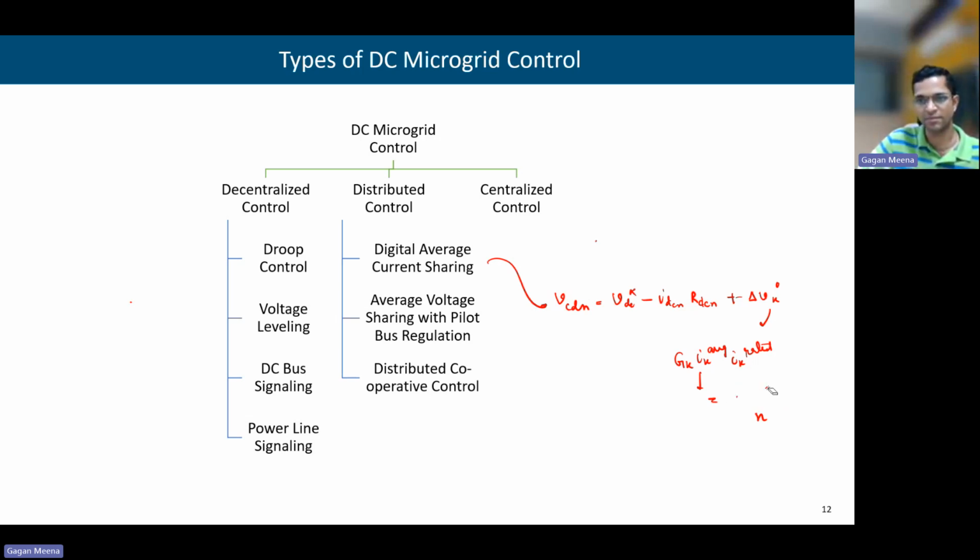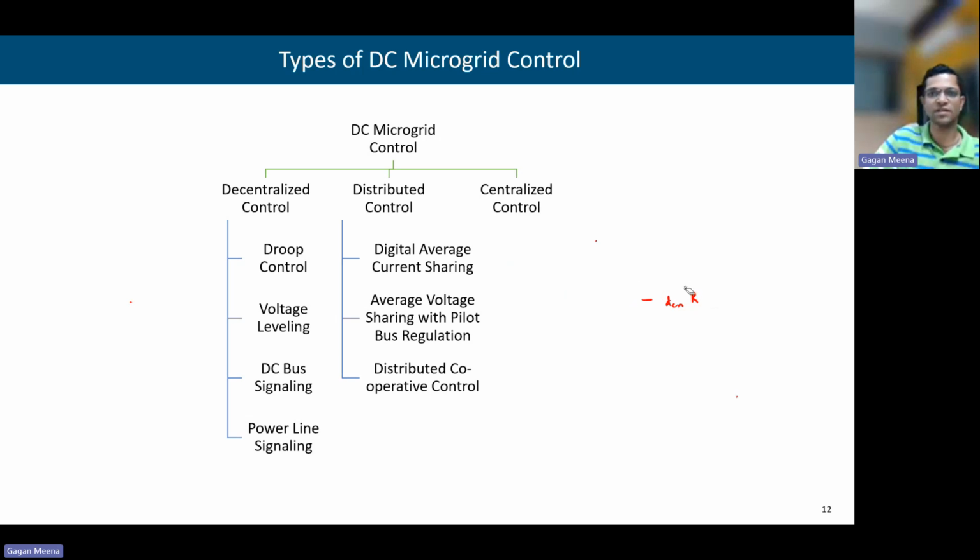It adds this term and it improves the voltage regulation and the load sharing. This is the simple concept of digital average current sharing. Then average voltage sharing with pilot bus regulation. And then the last one is distributed cooperative control.